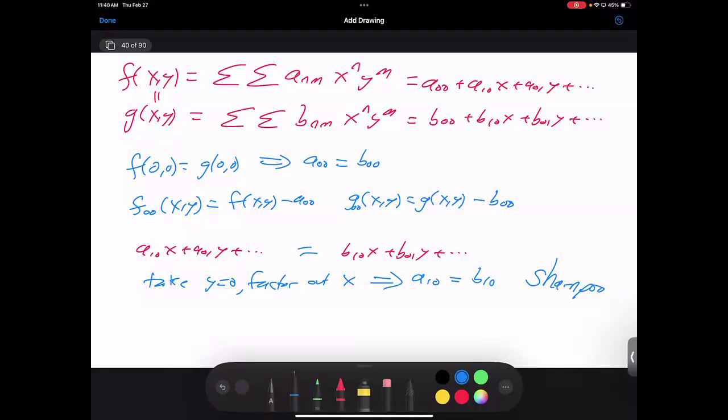Stuff like this you might have seen in a probability class. In terms of looking at generating functions, is the generating function unique? Can two different distributions have the same generating function? And unfortunately, it is possible for two different probability distributions to have the same moments. It's horrible. It's absolutely horrible.